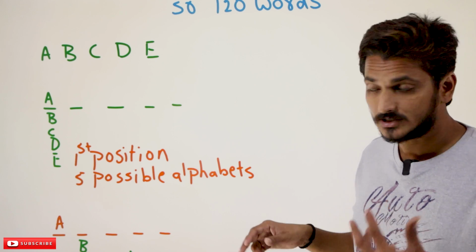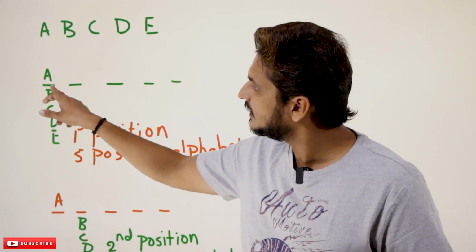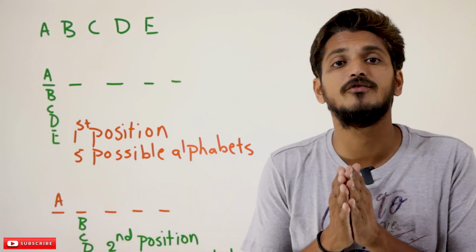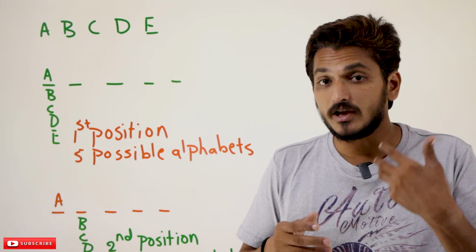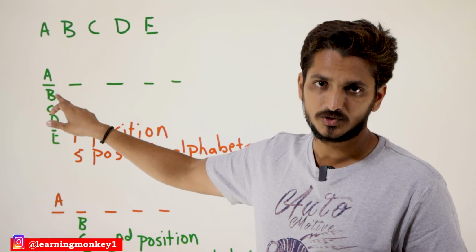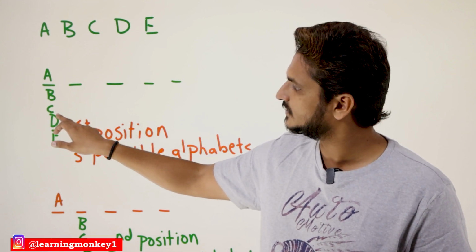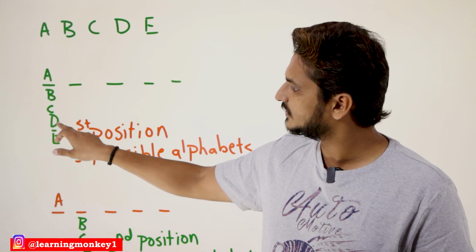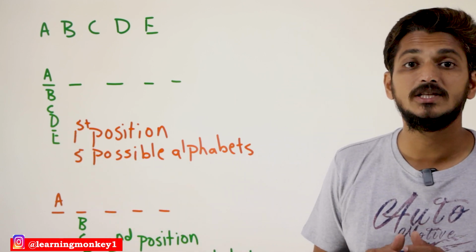Take the first position. You can fill the first position in 5 different ways. Why 5 different ways? You can fill the first position with A, or B, or C, or D, or E.